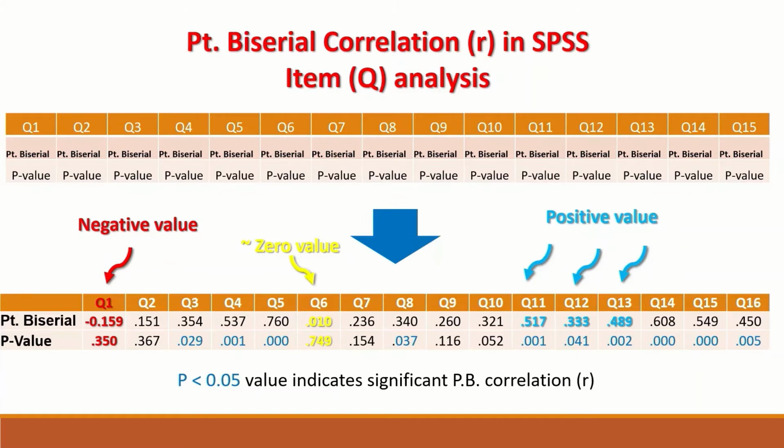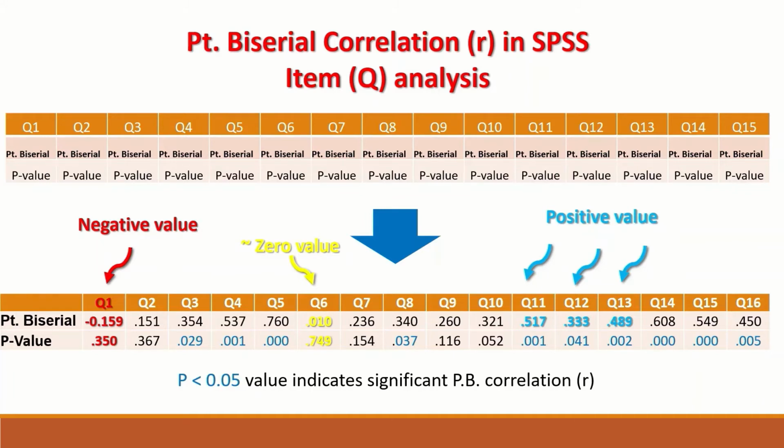As we can see here, for each individual question there is a point biserial value calculated and a p-value, for question number 1 to question number 15. Again, here we have questions with their point biserial value and p-value.